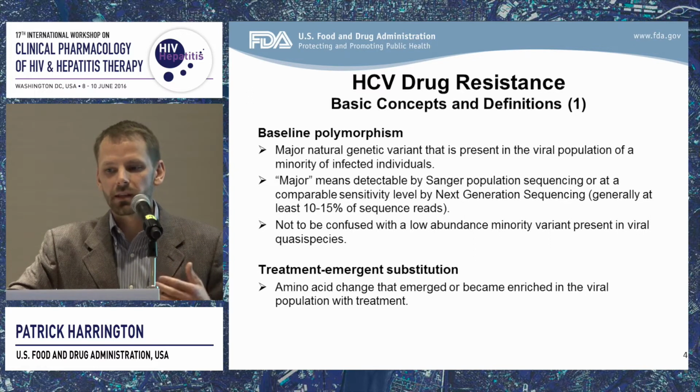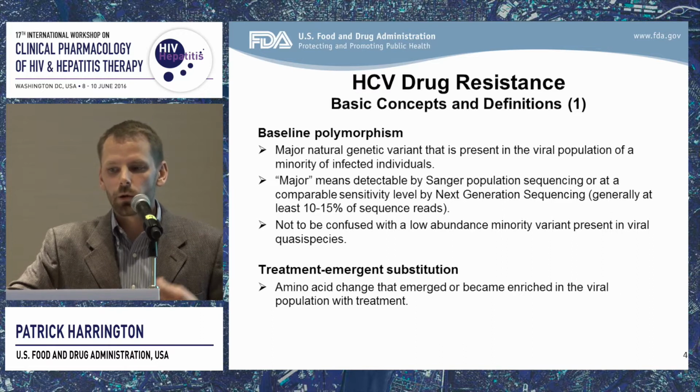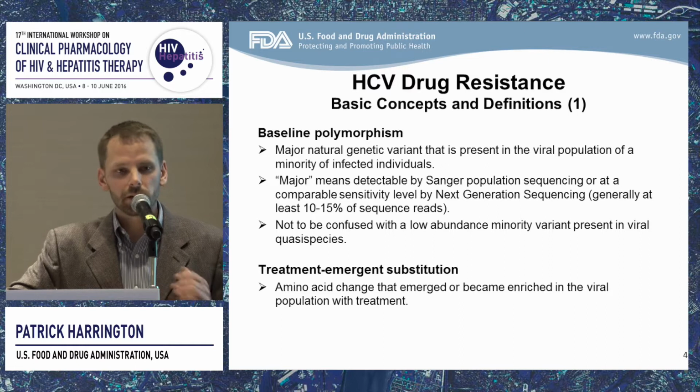So this means something that's detectable by Sanger population sequencing or at a comparable sensitivity level by NGS analysis. And this is not to be confused with the low abundance minority variant that's in the underlying viral quasi-species. I'm not going to really cover any kind of clinical effects of those lower level variants that you might be able to detect by a next generation sequencing assay.